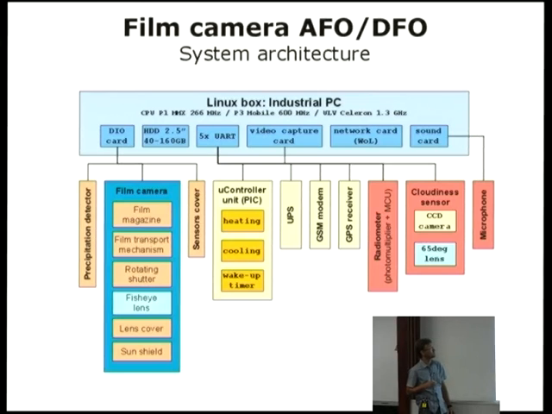So the oldest cameras are based on a Pentium 1 PC, and the later ones have a bit more powerful CPUs. That's not because we would need more power. The functionality basically is still the same, but because those PC boards were no longer available.